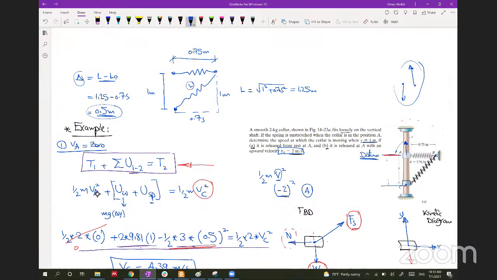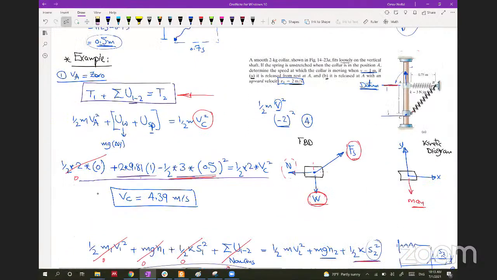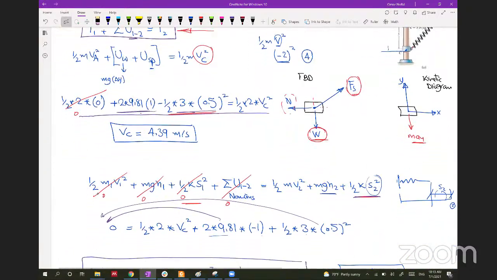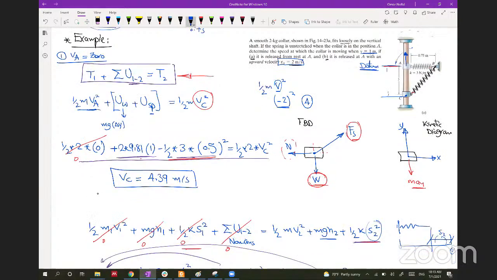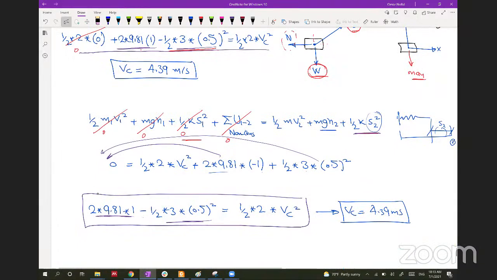Whether it's positive or negative, because we are talking about energy right now. So you will do the same thing and put VA, except rather than having half MVA square equal to 0, it will be half multiplied by M multiplied by 2 square, and do the same approach. Does anybody have any question?